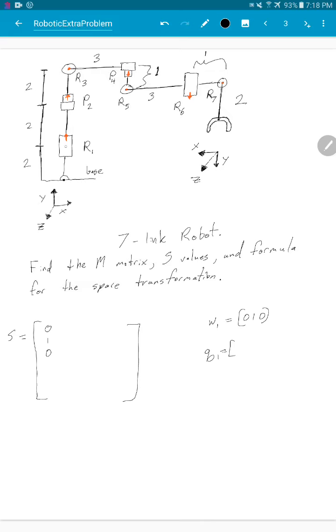Here the center of rotation is at positive 2 in the y direction, so it's going to be 0, 2, 0. And then the last 3 values in this column are going to be minus W1 cross Q1, which is the cross product, which if you don't know how to do that, you can look up calculators or guides. But for these 2 vectors, it's going to be 0 because these 2 vectors are pointing in the same direction. So that's what we're going to put in the last 3 values here.